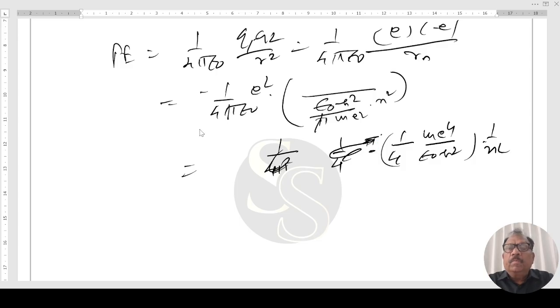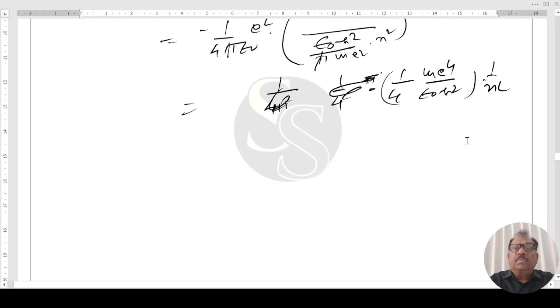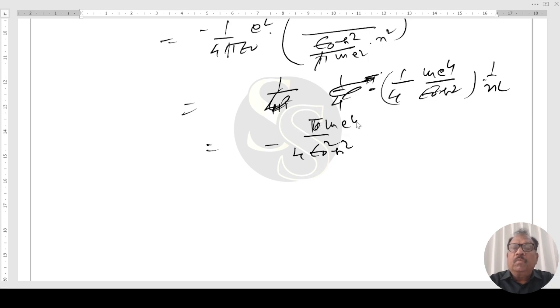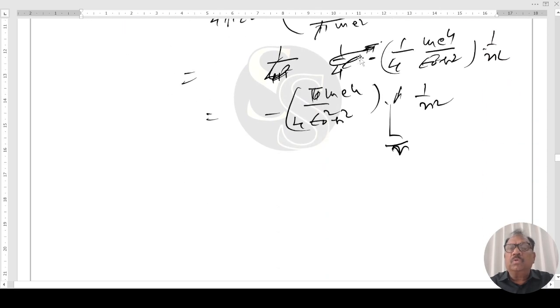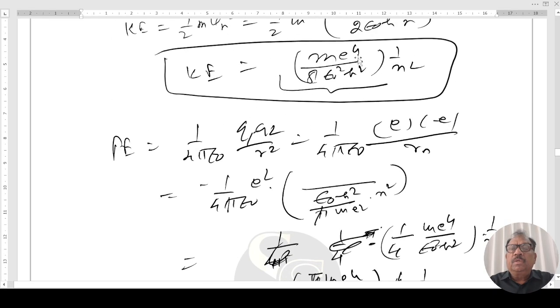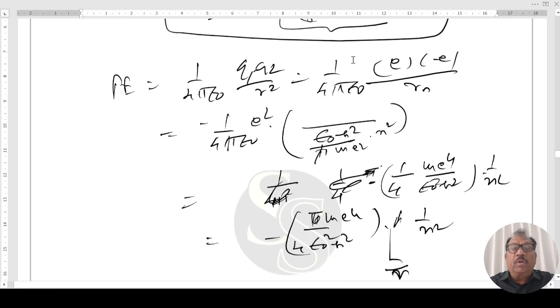This pi goes up, 4 epsilon naught h square, and we get m e^4 into 1 by n square. So now this comes out to be minus m e^4 upon 4 epsilon naught square h square into 1 by n square. So you see, m e^4 upon 8 epsilon naught square h square for kinetic energy means potential energy is, magnitude wise, double that of kinetic energy.